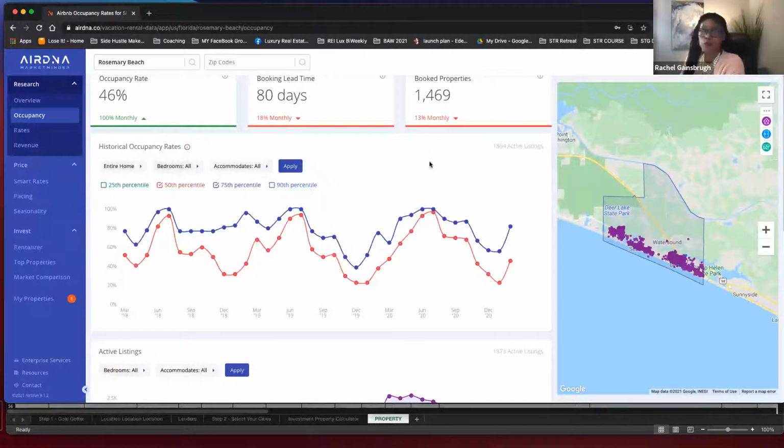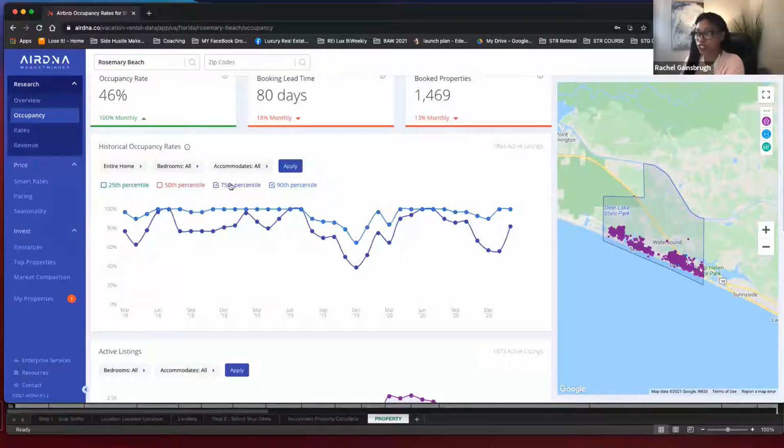So again, for the case study and use case, we'll use the property that I'm in the process of constructing. I don't check the 25th or 50th percentile. I usually do the 75th to 90th percentile because I have systems in place, a whole process that I utilize to ensure that our properties are profitable.